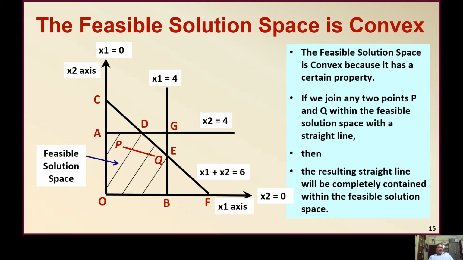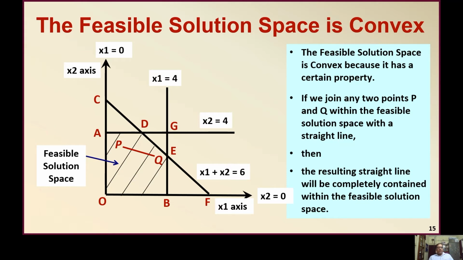So you try taking any 2 points within the solution space. For example, take one point here and another point here, join by a straight line. You see that straight line will be entirely within the solution space. Now this is happening because the feasible solution space is convex.